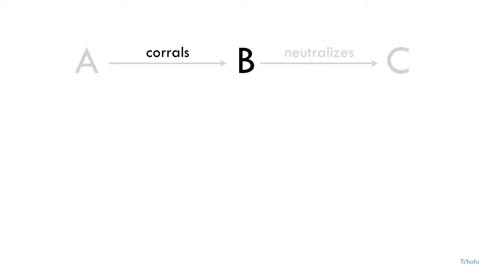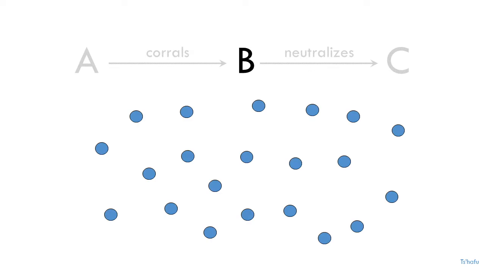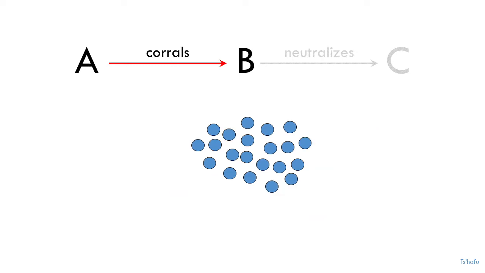B is a set of circles, molecules, whatever you want to imagine these things to be. The point is that these balls are far apart from each other. They are dispersed. And what we are then told is that A corrals B. In other words, what A does to B is literally bring it together. It corrals B. So now conceptually, we already have an understanding of what B is and what A is doing to B.